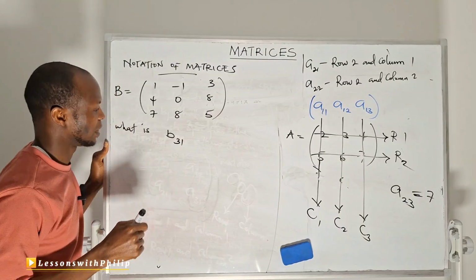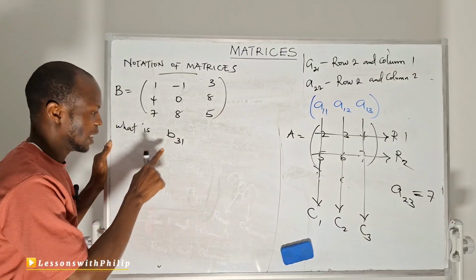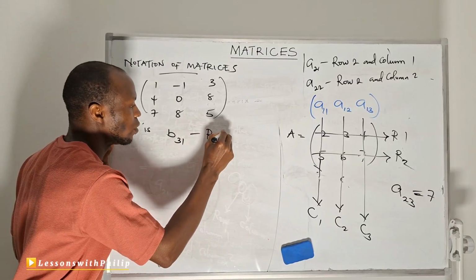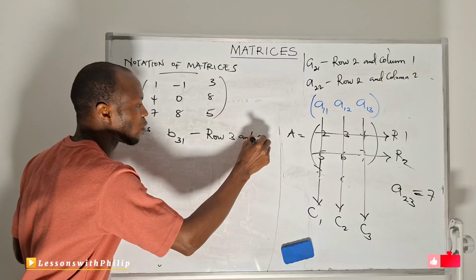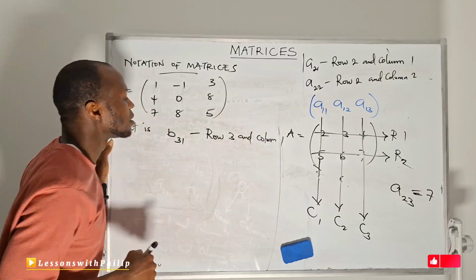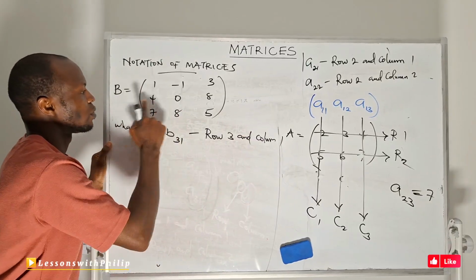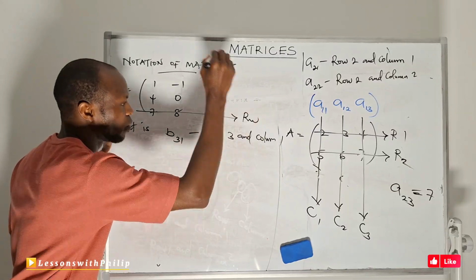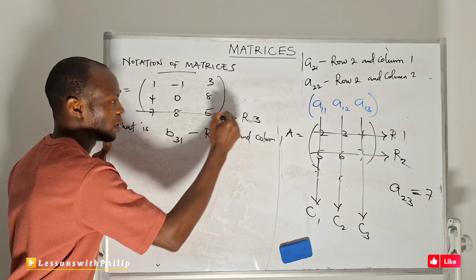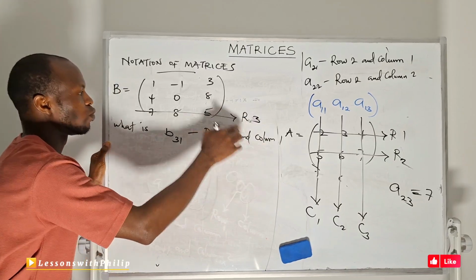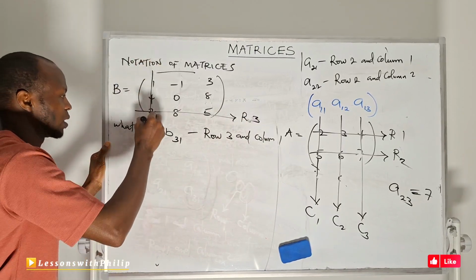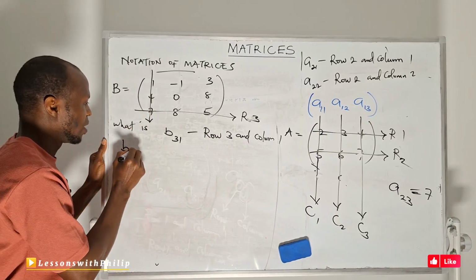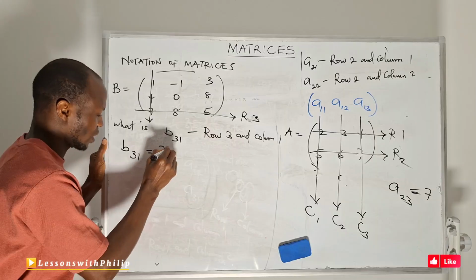Can you tell me B31? It means, what is the element at row 3 and column 1. So you go to row 3: 1, 2, 3. Okay, this is my row 3. And I need to go to column 1. Which one is my column 1? This is my column 1. You see it? Where did they meet? They meet at 7. So my B31 is equal to 7.